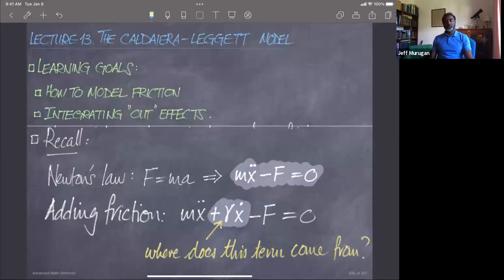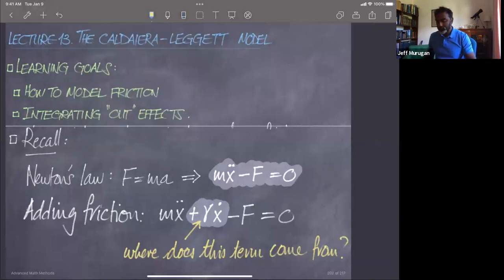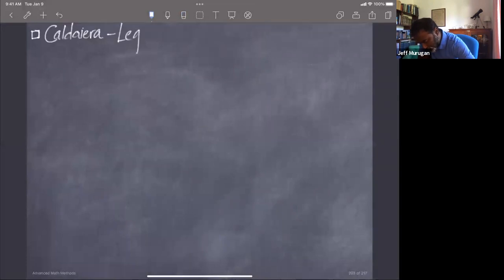Okay. So we would like to come up with a deeper understanding of where such a term could come from. I want to illustrate these ideas, and in particular, I want to try and model friction using a model called the Caldeira-Leggett model.